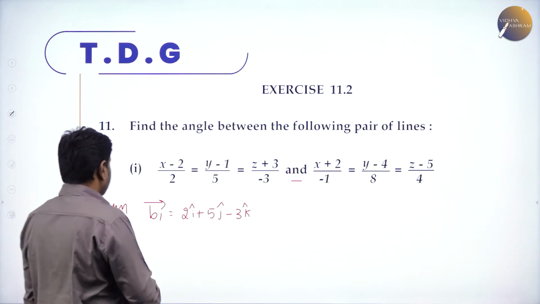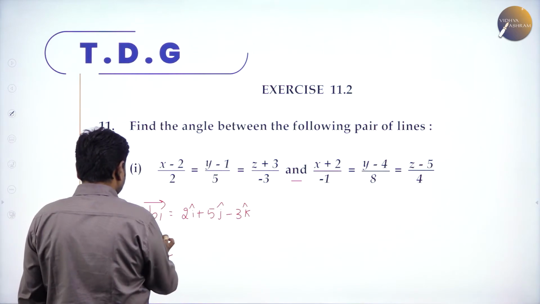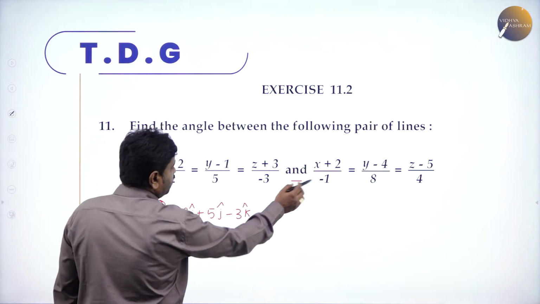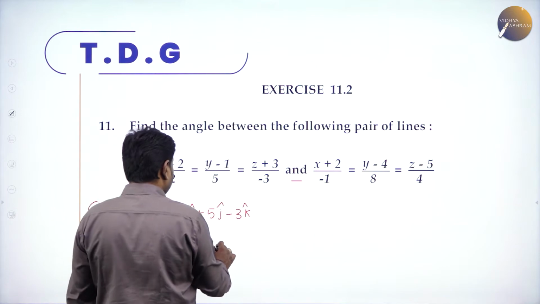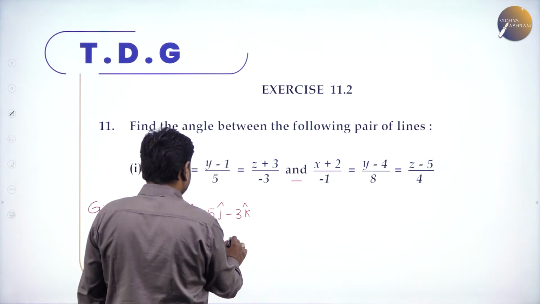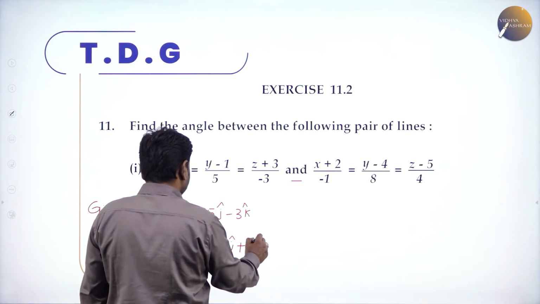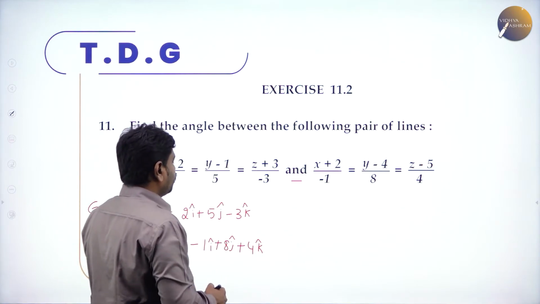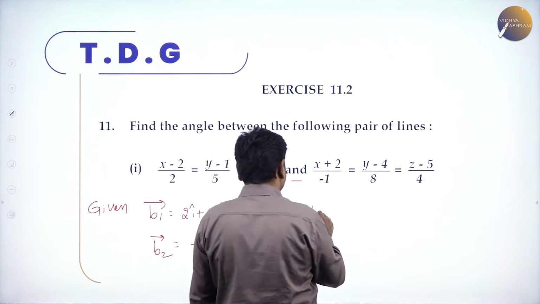Now we'll write vector b2. What is vector b2? Write the denominators with i, j, k: minus 1i cap plus 8j cap plus 4k cap. So now we have b1 and b2. Now how to find the angle between a pair of lines? All of you know cos theta. Find b1 dot b2.